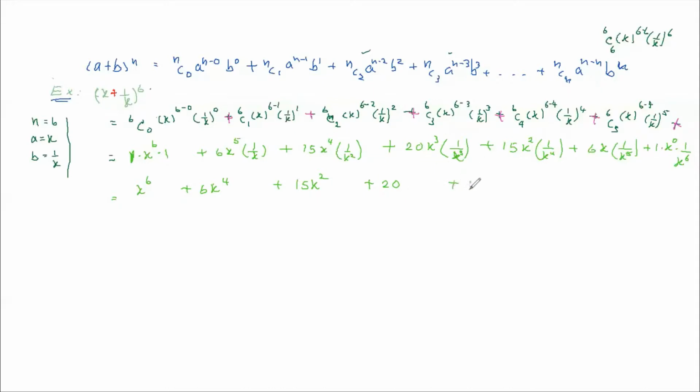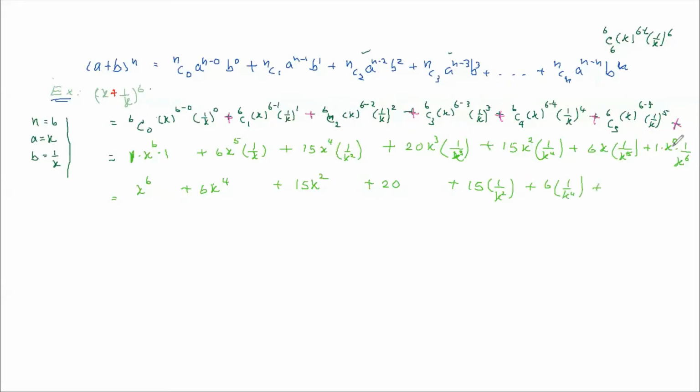Plus 15 times x power 2 over x power 4, so cut and it becomes 15 over x power 2, because we cut and you are left with it on the bottom. Plus 6, this x cut, so it becomes 6 times 1 over x power 4.